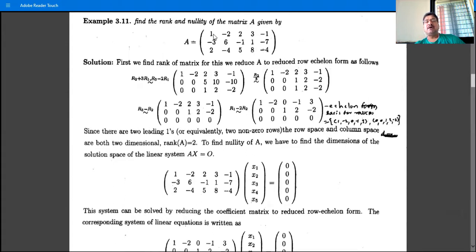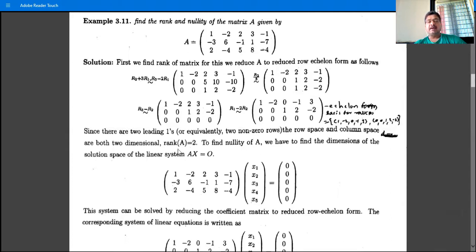Write 1 minus 3 2 as the first column, and 2 minus 1 5 as the second column, the third column as the second vector. So these two vectors form the basis for column space of A. And again the dimension of column space of A is 2, and therefore rank of A is 2.